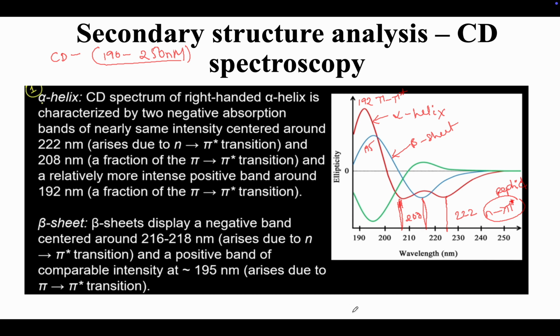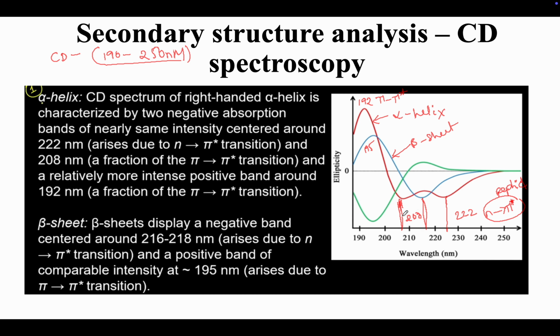Apart from alpha helix and beta sheets, we have other structures which are random ordered or random coiled structures. They are not completely alpha helix or completely beta sheet, they are just random coils. These are also captured in the CD spectra.